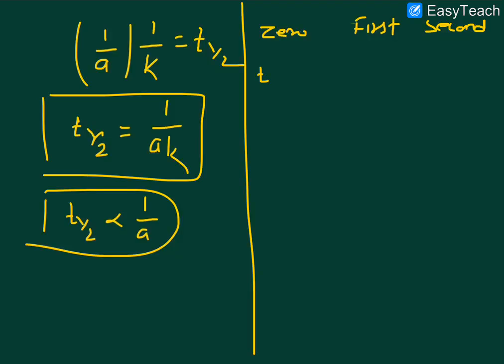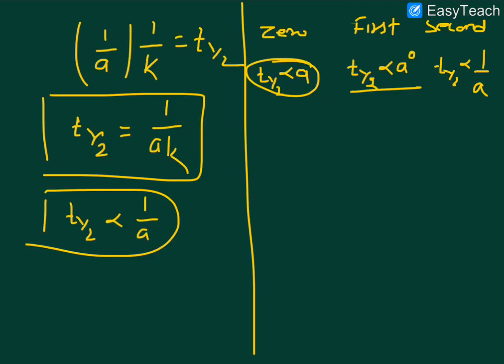In zero order, t half is directly proportional to a. In first order reaction, t half does not depend on a, or is independent of a, and in second order reaction, t half is inversely proportional to a.